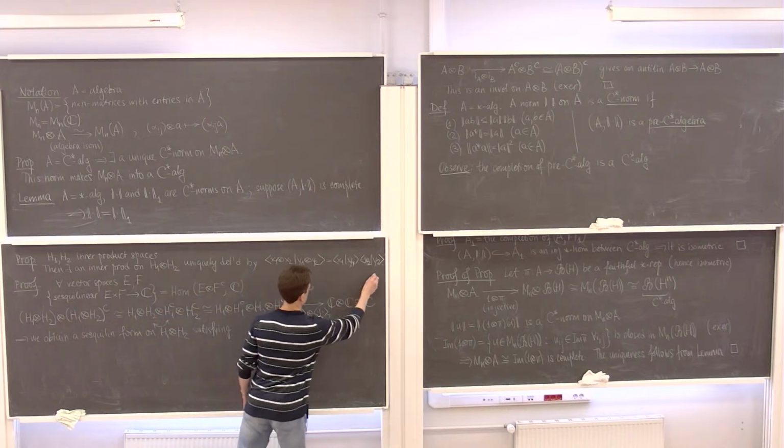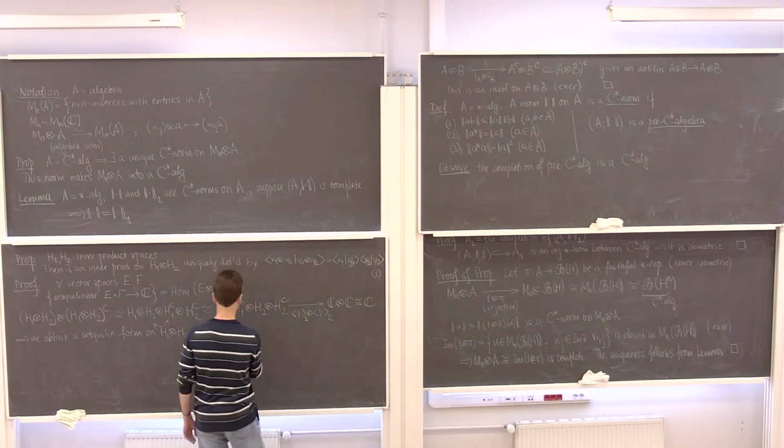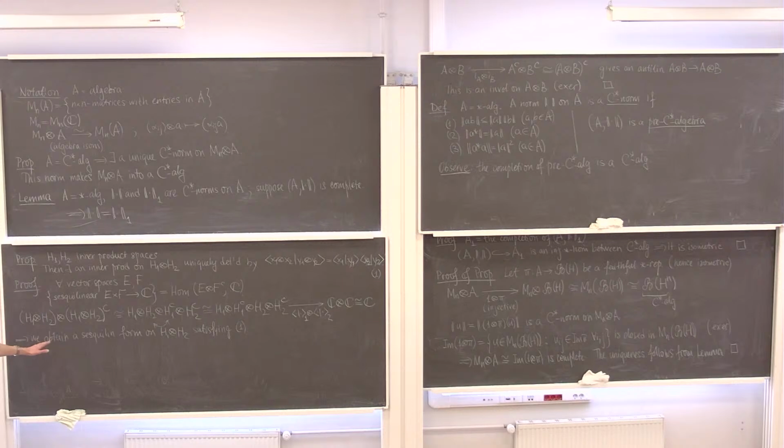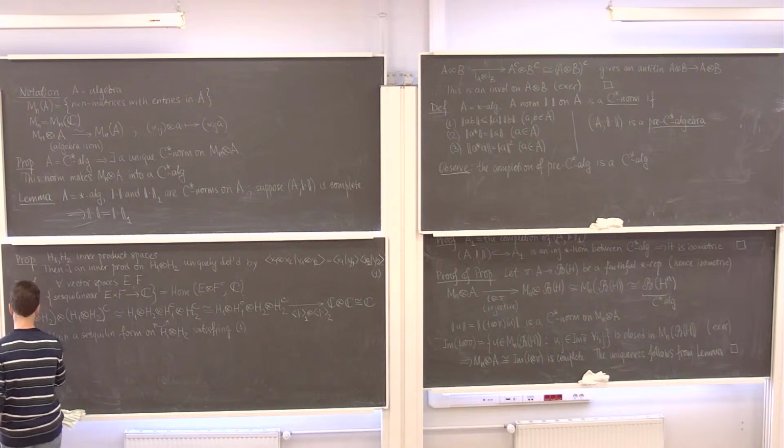Let it be formula 1. So clearly it is unique, again for the obvious reason that the tensor product is spanned by elementary tensors. So the uniqueness is clear.